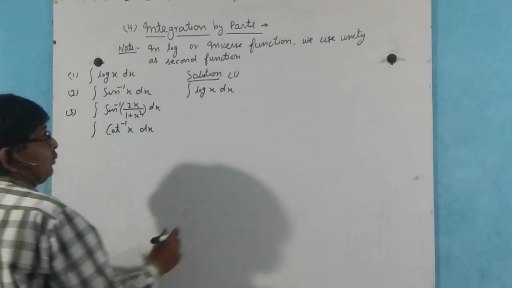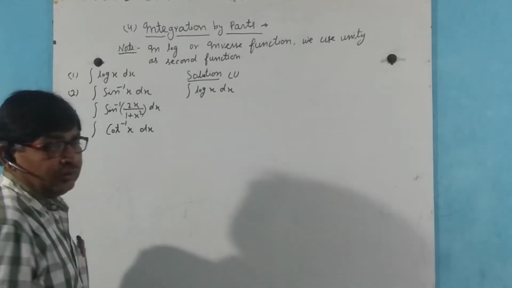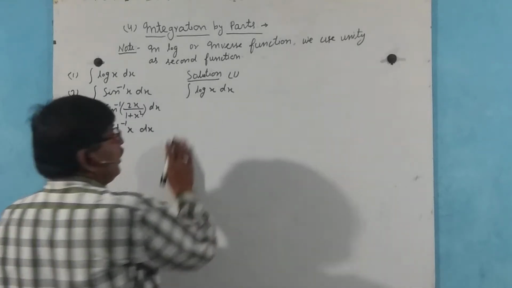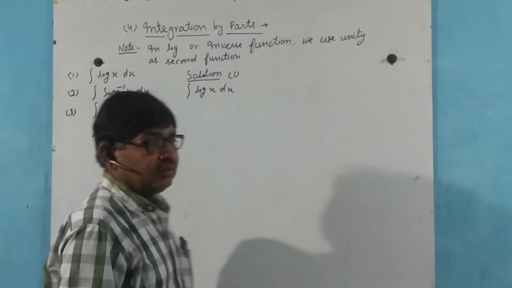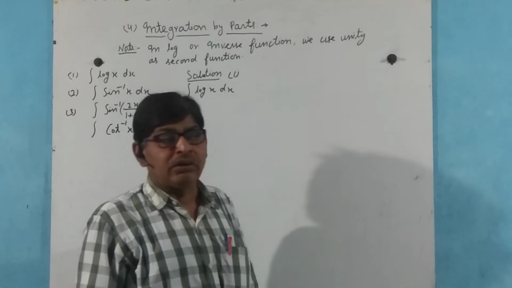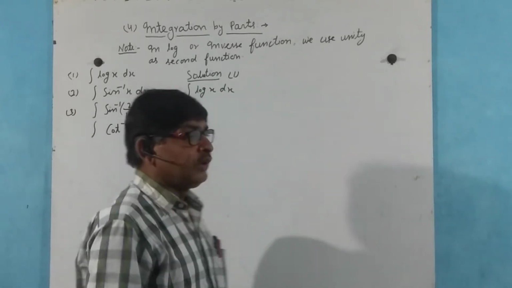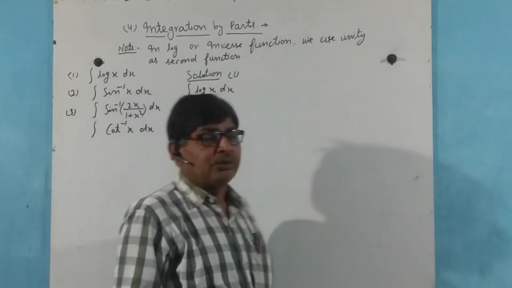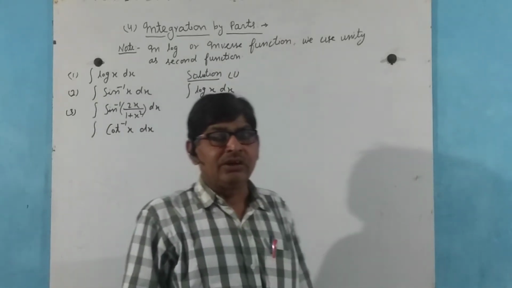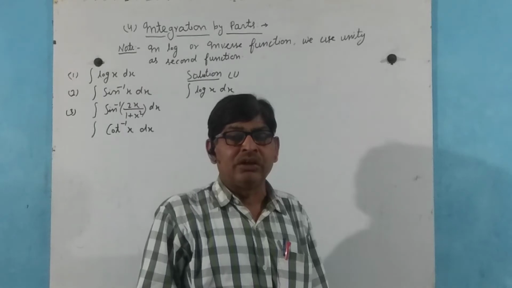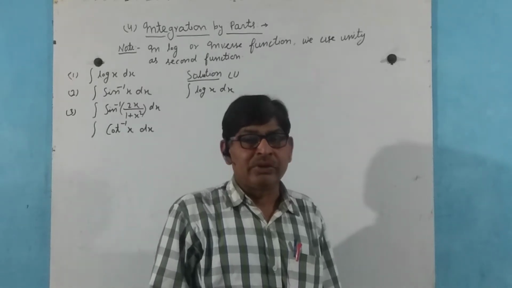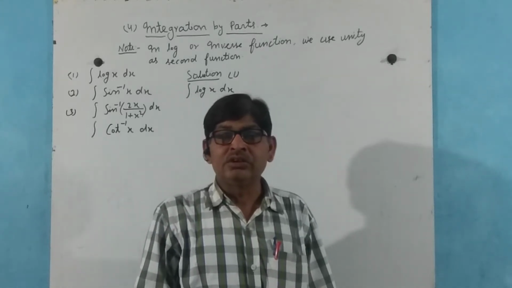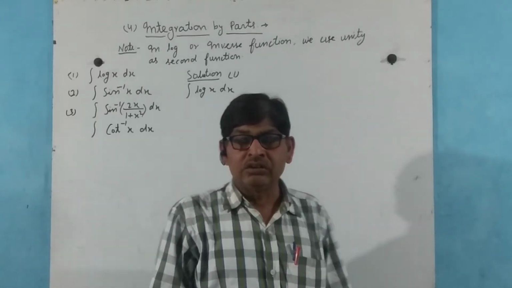Here we use the formula for the integration of a product of two functions: we take the first function times the integration of the second function, minus the whole integration of the differentiation of the first function times the integration of the second function.